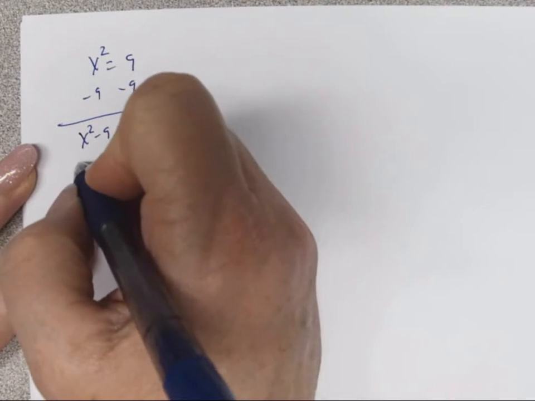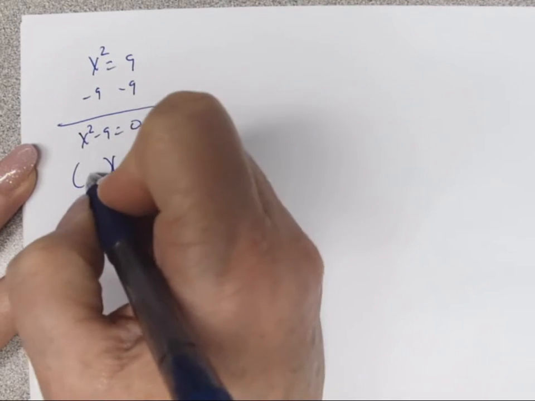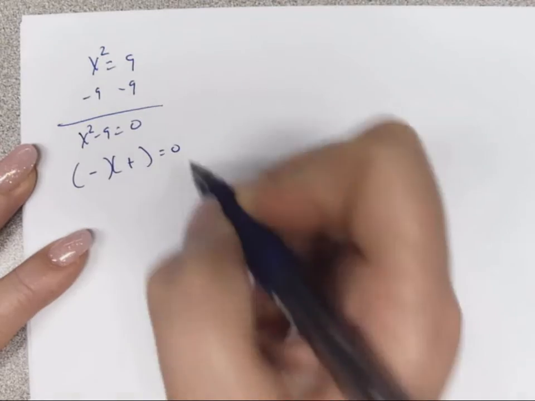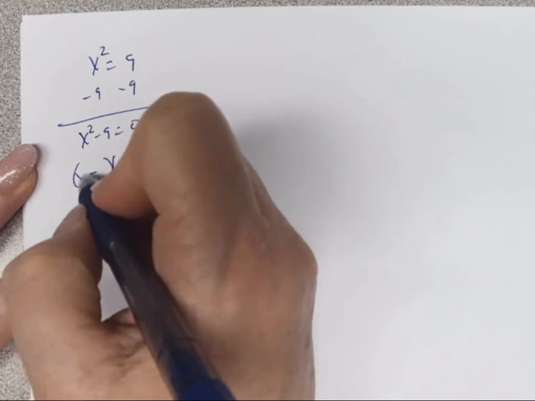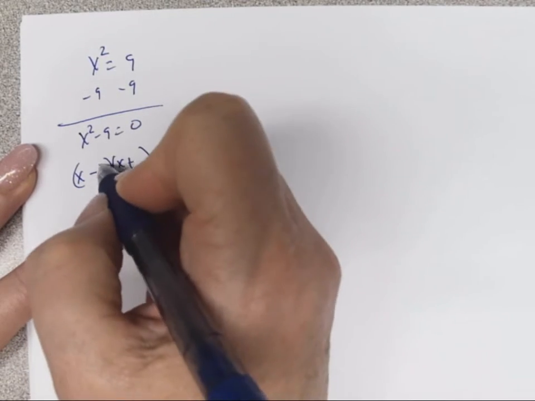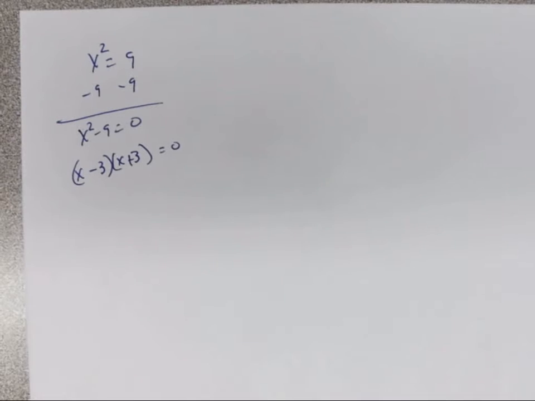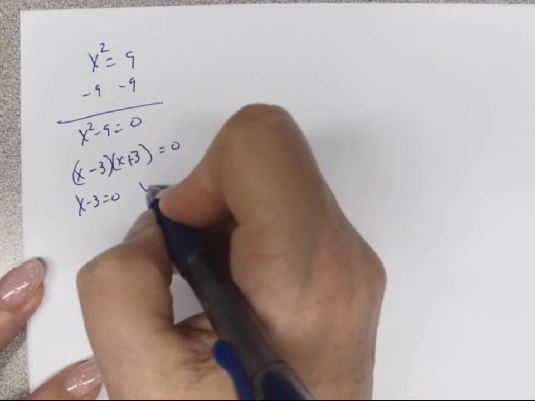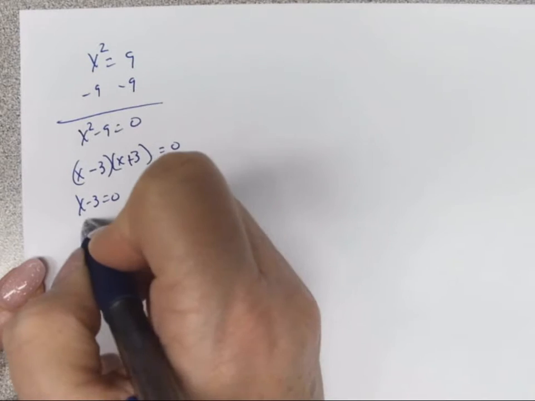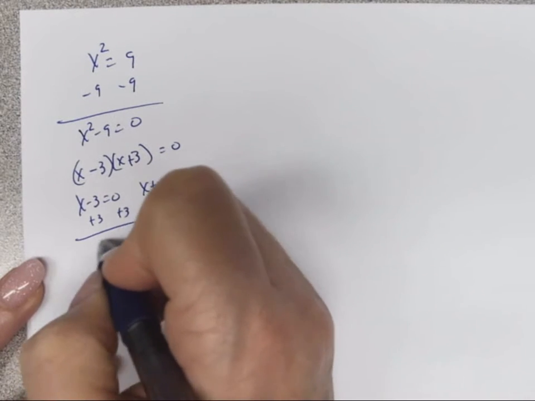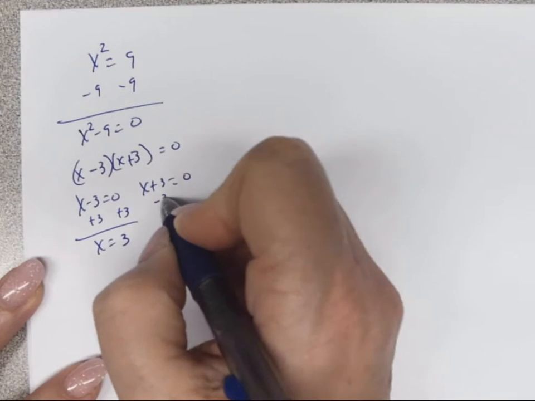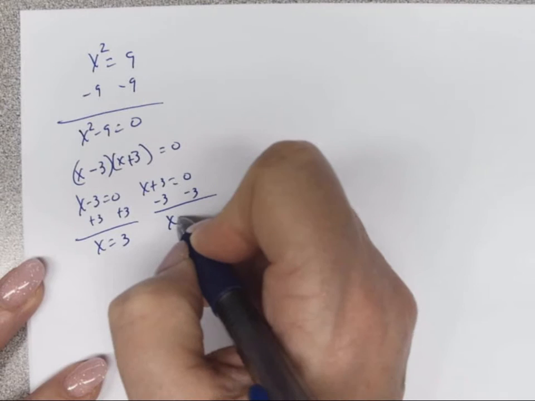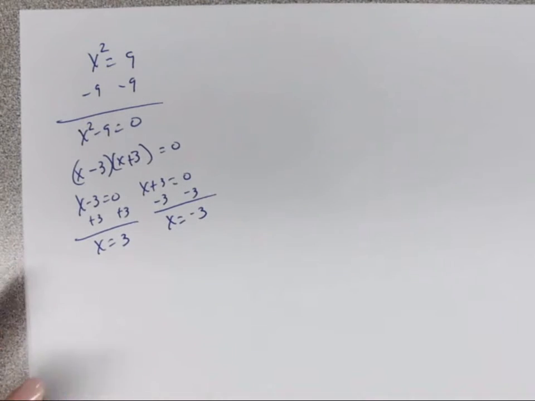We've learned this before, so we know it's going to be a minus and a plus equal to 0. Square root of x squared is x. Square root of 9 is 3. So we can get it solved this way. Take each part, set it equal to 0, add our 3 over, and we get x equal to 3. Subtract the 3 over, and we get x equal to negative 3.